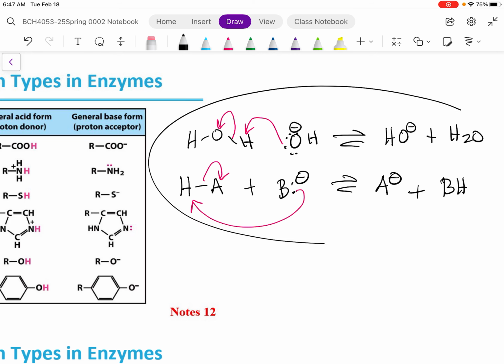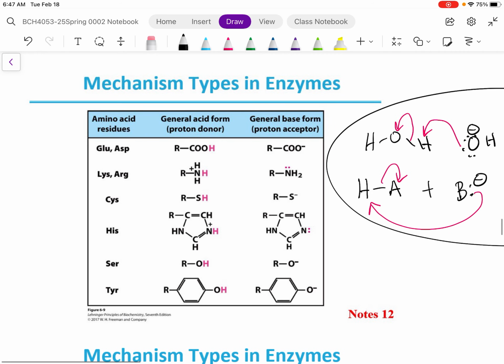So how in the heck is it going to do a proton transfer in a catalytic site? And the answer is right there. The side chains of the amino acids in the catalytic site, those side chains are the things that are going to grab a proton or release a proton. So which amino acids are basic? Which amino acids are acidic?